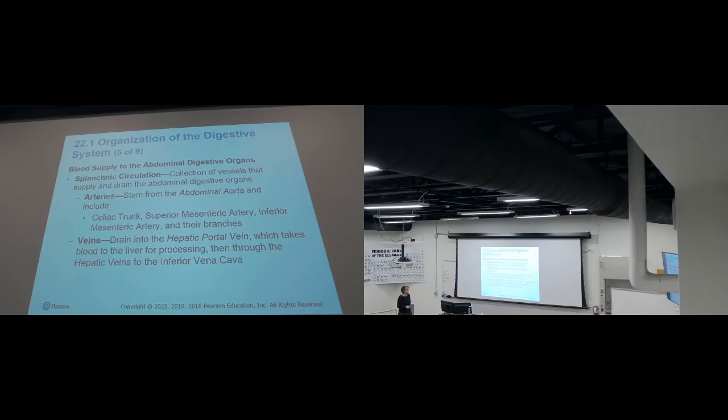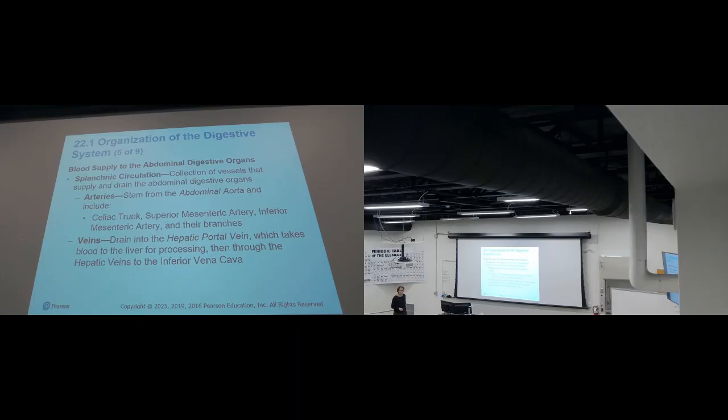And when it comes to drainage of the blood, it is drained by the hepatic portal vein, which is formed from the mesenteric veins, and also the splenic vein and the gastric veins.